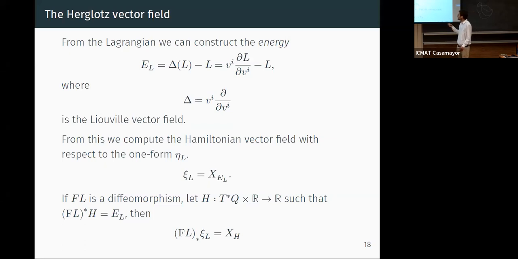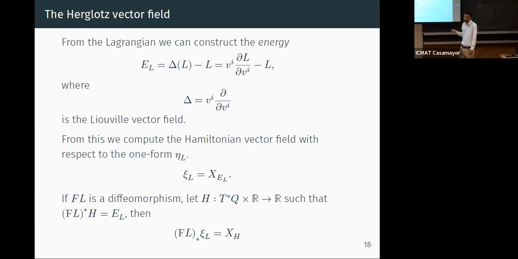If you compute the Hamiltonian vector field of this energy function with respect to the Lagrangian one-form that we have just defined on the previous slide, then we obtain what we call the Herglotz vector field of the Lagrangian, this one over here.